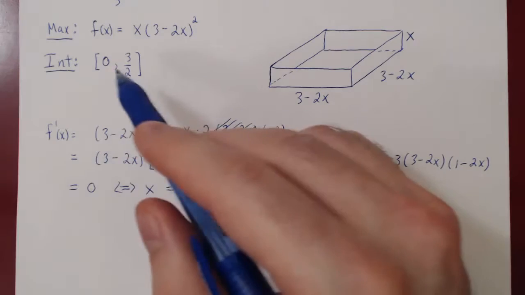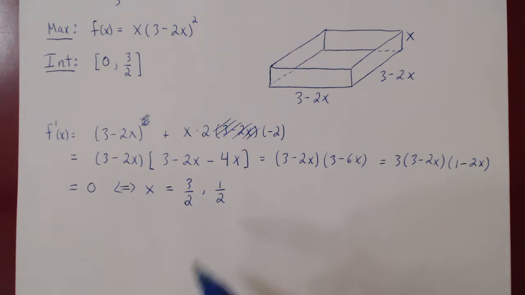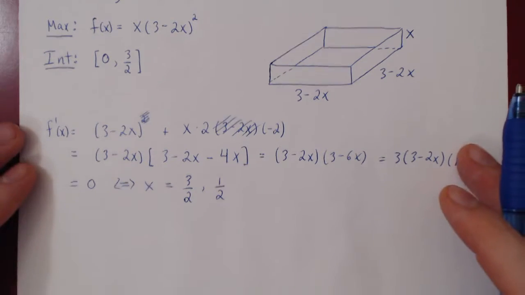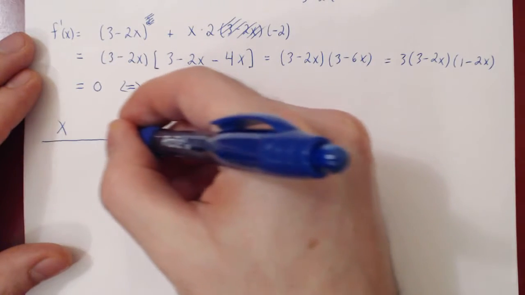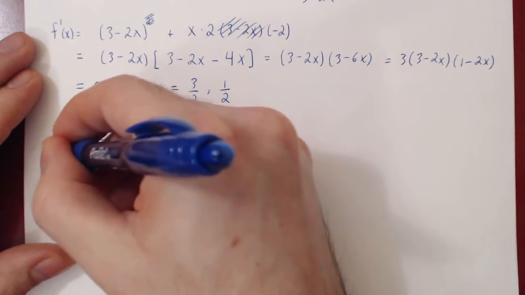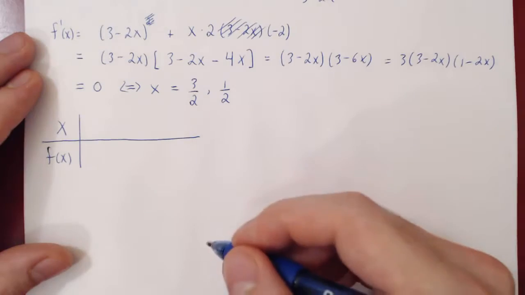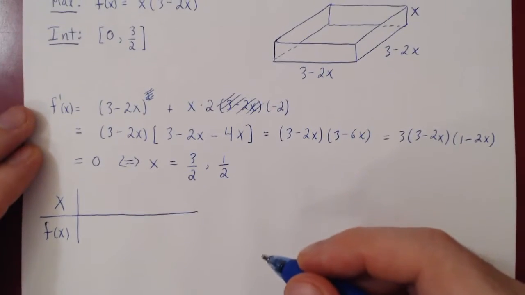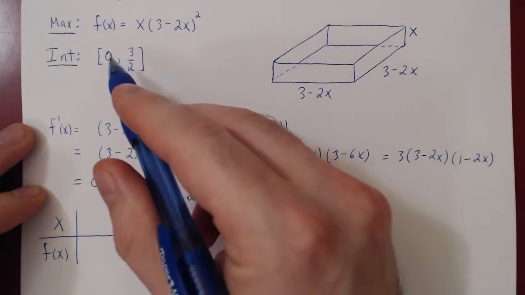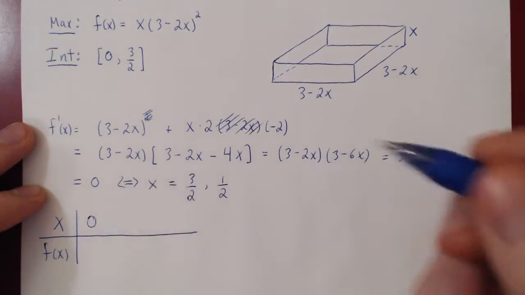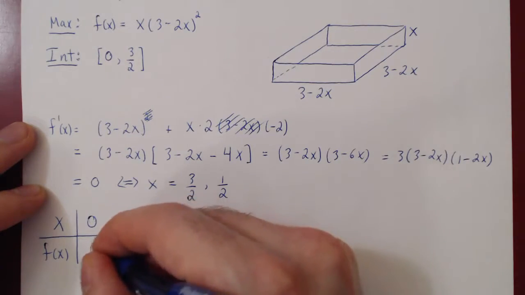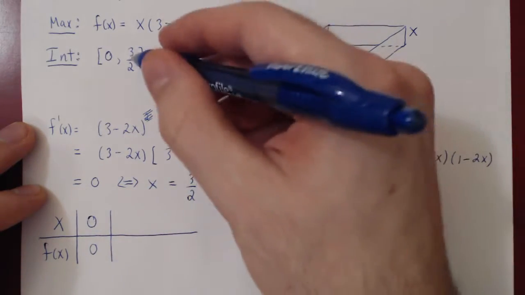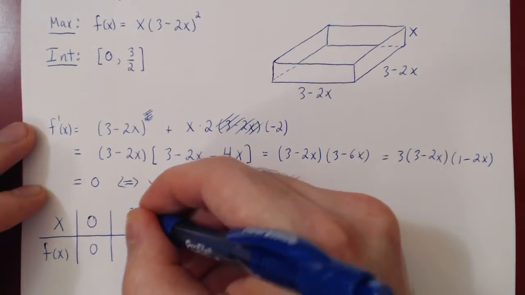Now that we have the two endpoints of our interval and the two critical points, we can look at a table of values. Our two endpoints: x equals 0, and as we have said before, f of 0 is simply 0. f of the right endpoint, 3 over 2.